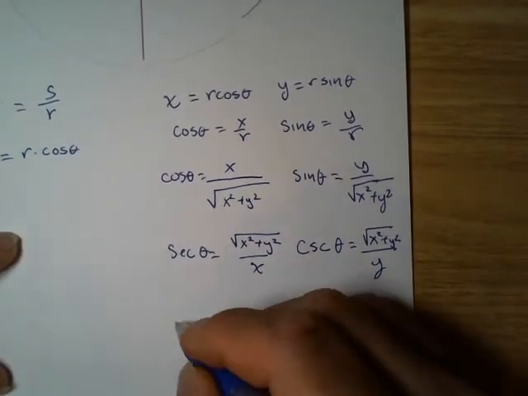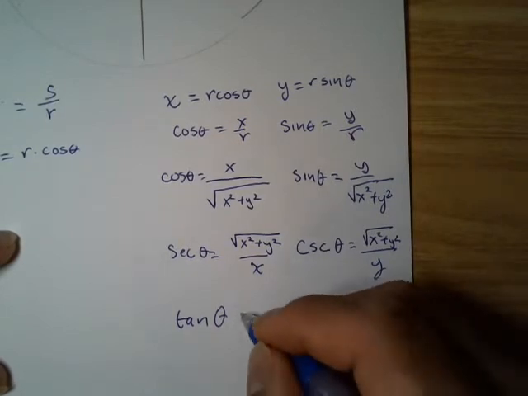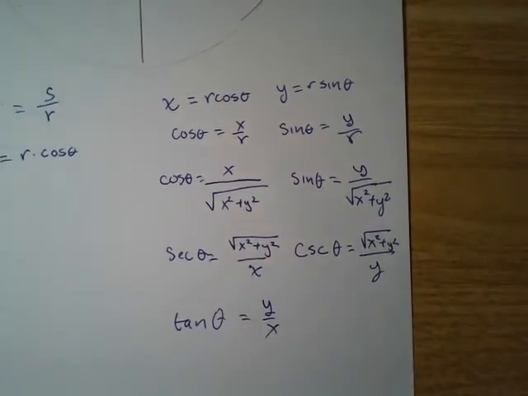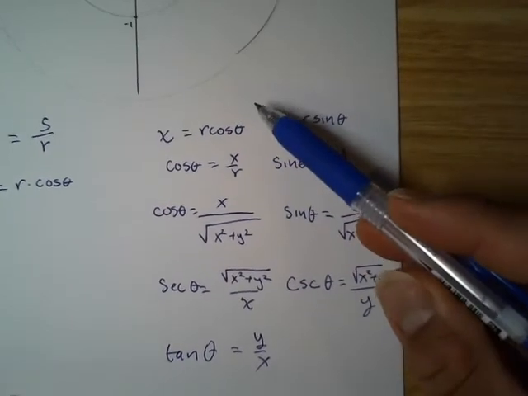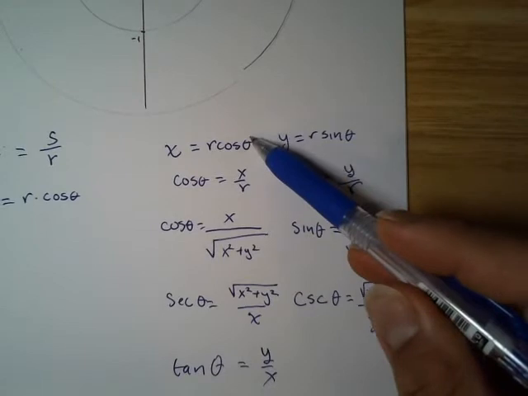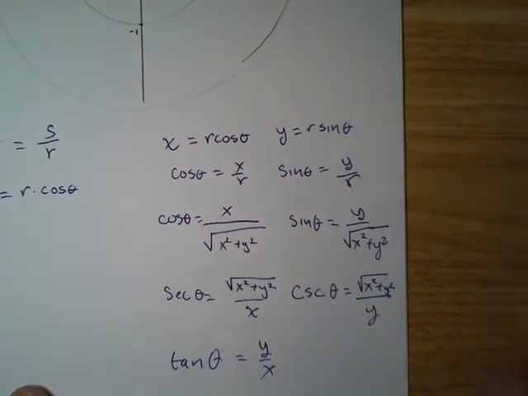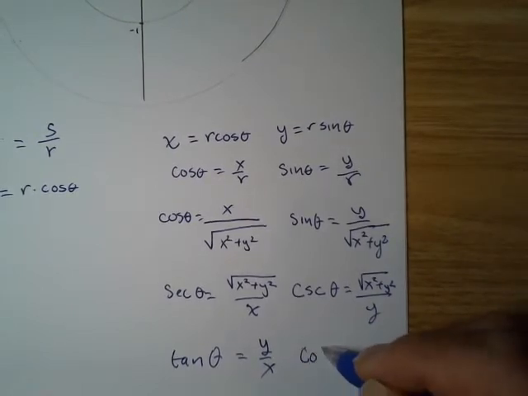Right, and I guess the tangent, there's not much change here. Tangent of theta is y over x. Okay, and notice here that it's still sine over cosine, because if we use the r formulation, the factor of r simplifies to 1. So there's not much change there. The cotangent of theta is still x over y.